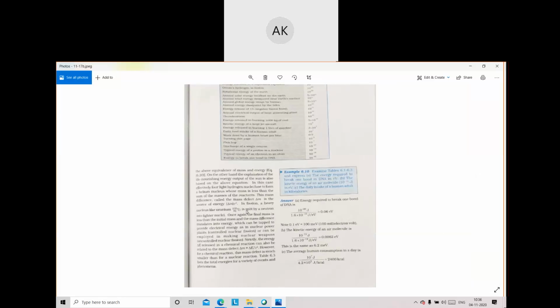Nuclear energy means what? Anyone? Any idea? I think you studied about nuclear energy. Midun, what is nuclear energy? Midun? No answer? Gaudam is there?